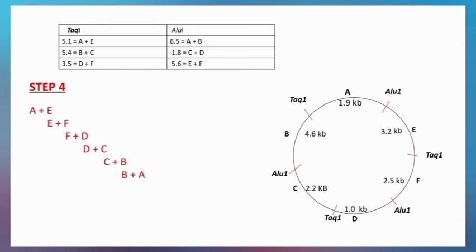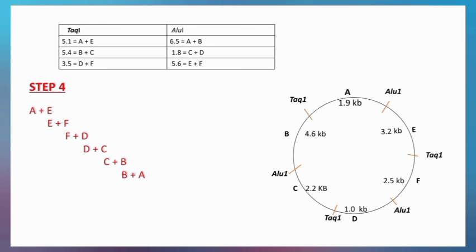And also we have the fragment 2.5 here, as well as the fragment 1.0. When you combine these two fragments, you're going to get 3.5. And then 3.5 is also found in the Tag1 digestion.